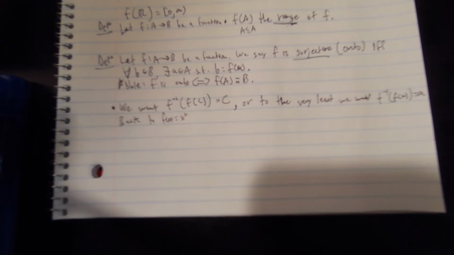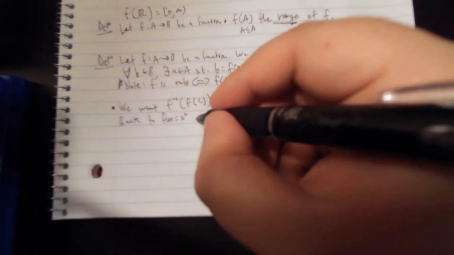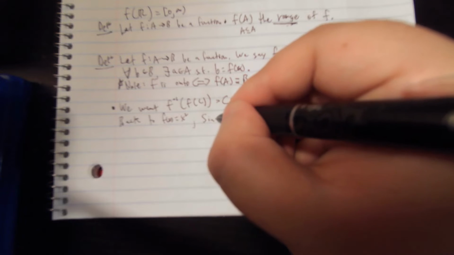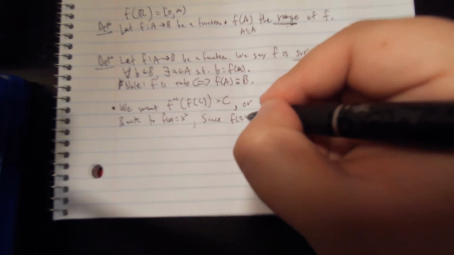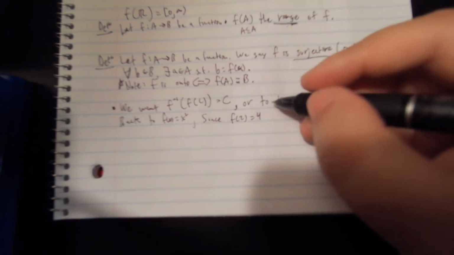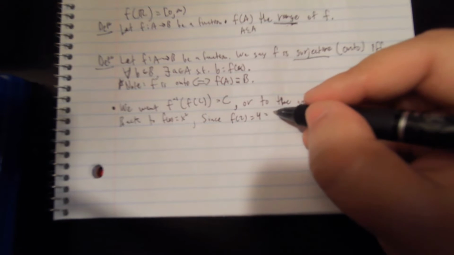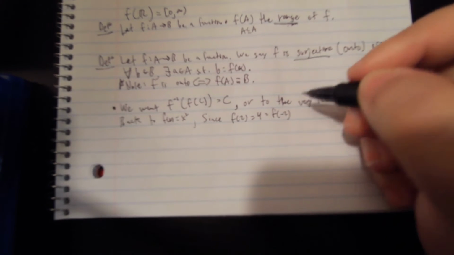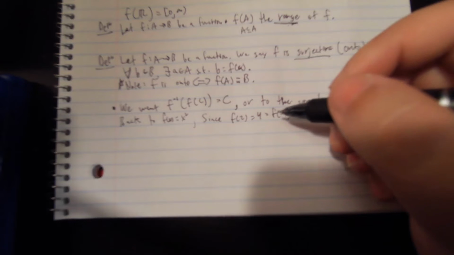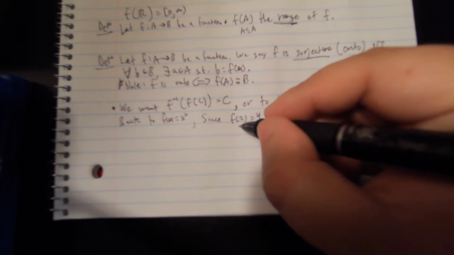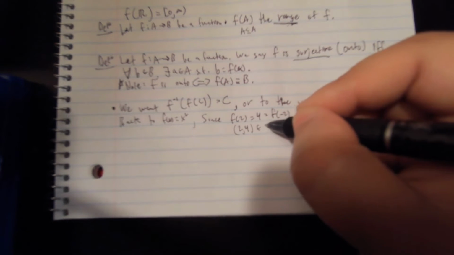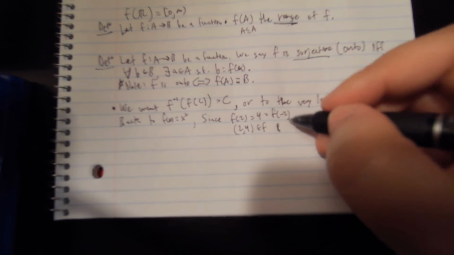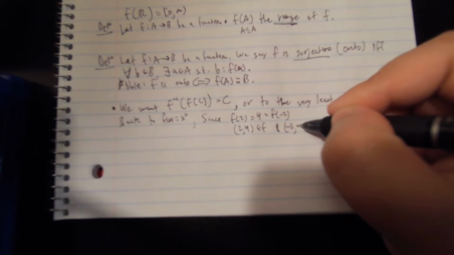So back to f of x being x squared. Well, I think this is what happened. Let's say f of 2 equals 4, but 4 also happens to be f of negative 2. Again, what am I saying? (2, 4) is in f, and also (negative 2, 4) is in f.